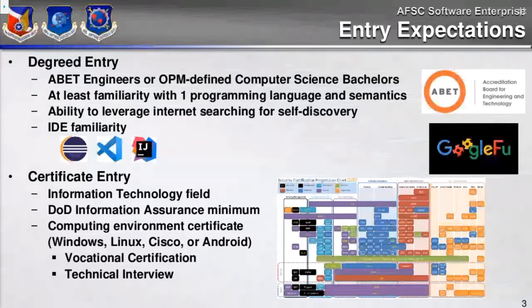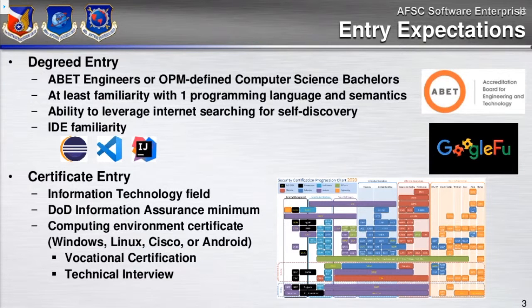The other side of the folks is those certificate entry folks, and that's where we're talking about our information technology field. So when I get some folks who just have certifications, they went to maybe a VOTEC school, they took some certifications through CompTIA or ISC Squared or some of the others, ISACA, EC-Council, some of those certificate generating items, we've got to make sure that we have those folks as well.